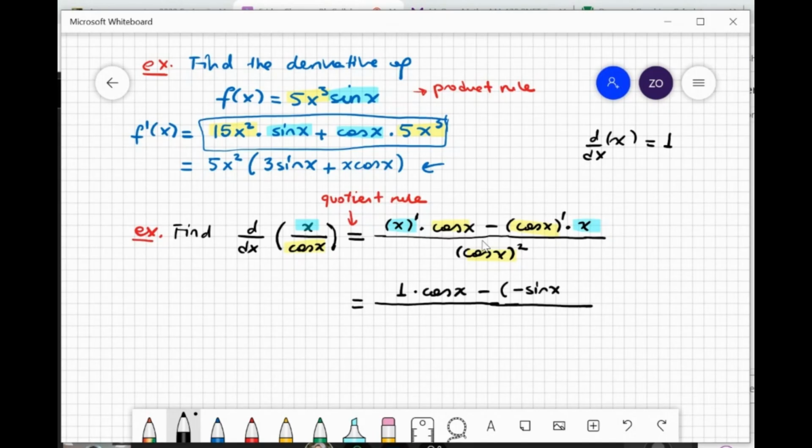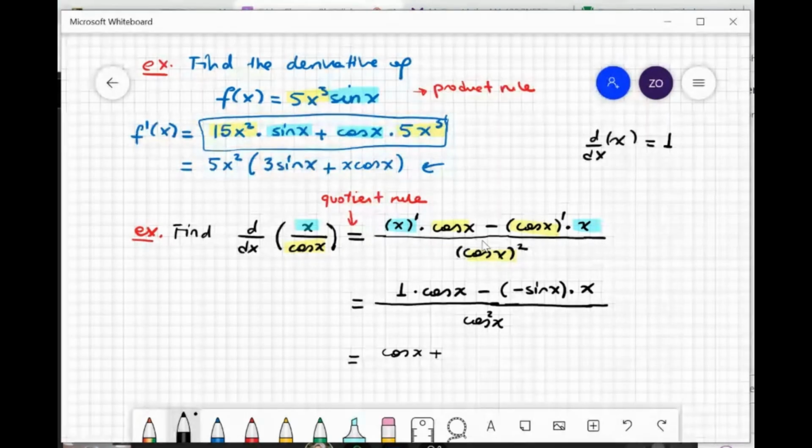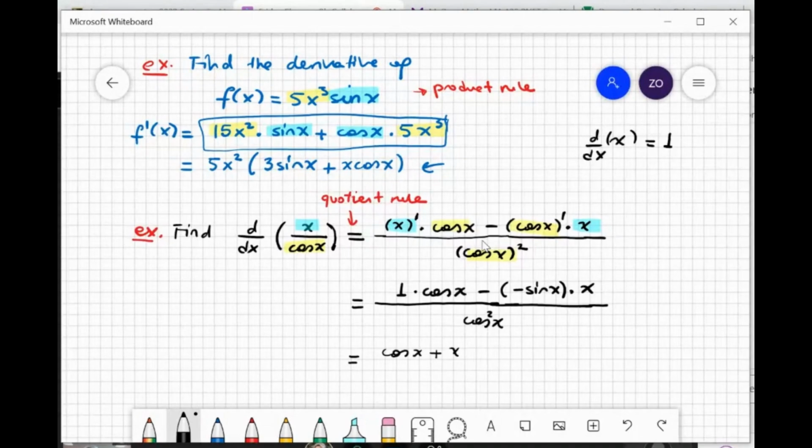Negative sine of x, thank you, times x, divided by cosine x squared. Okay, so let's simplify. So we have cosine of x. Negative times negative will be positive. x times sine of x over cosine squared x.